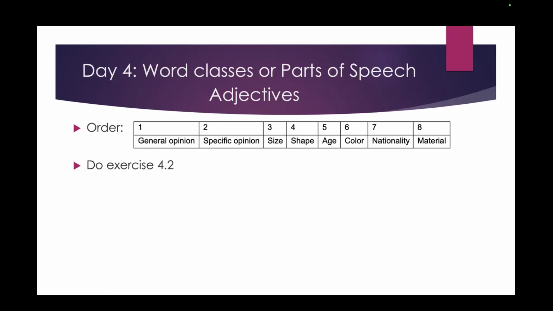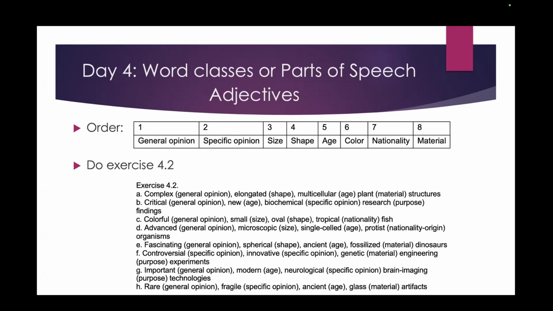So I will not ask you to do exercise 4.2 because it's too much. But what we can do is read the answers of exercise 4.2 that you have in the handbook, so you have an idea of how you should order the adjectives when you have more than one.